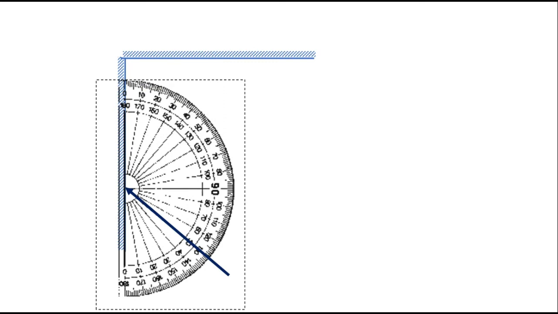The angle between the plane of the mirror and the incident ray is 50 degrees here, right? Now you have to draw the normal, and then draw the reflected ray, and that reflected ray will go and hit this plane mirror. Again it will reflect from there, right?